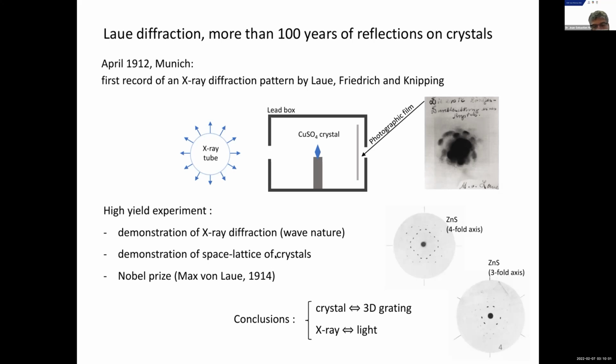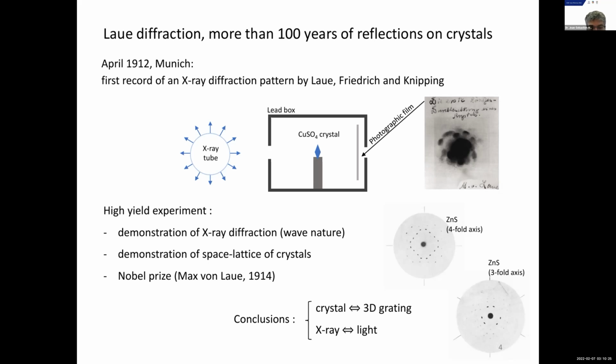A few years later, they largely improved the experiment and the instrumentation, and this is a Laue pattern they collected from crystals, and clearly we can distinguish the Laue spots. We can also see the symmetries in the crystal.